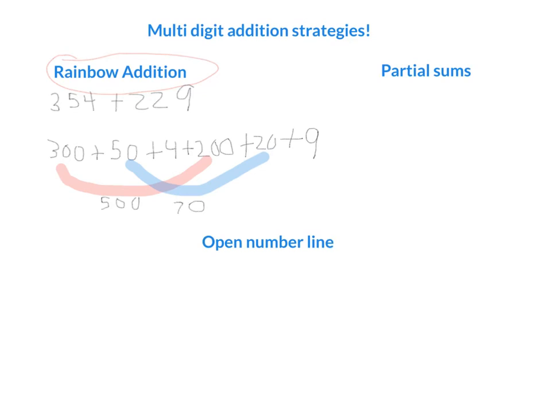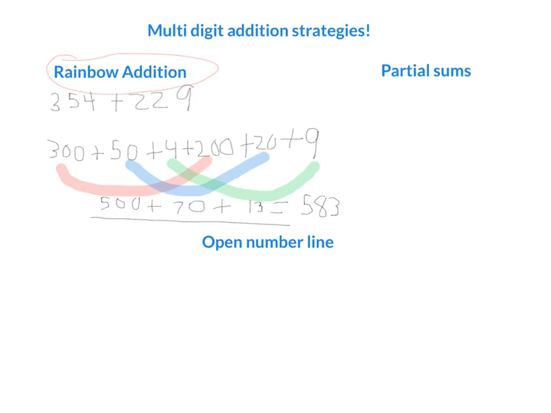And then lastly, we'll look at our ones place, the 4 and the 9, and we know that equals 13. So now we have a pretty simple addition problem: 500 plus 70 plus 13, which you can see at the bottom, and which equals 583.